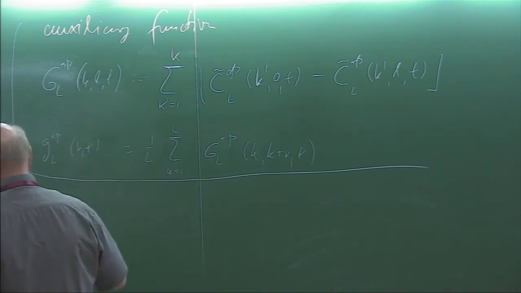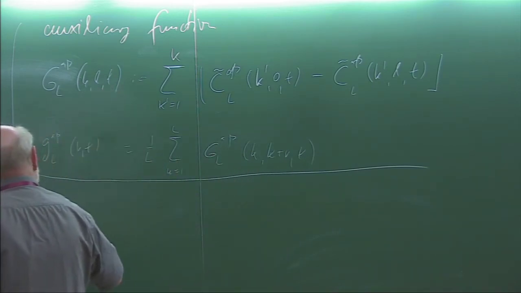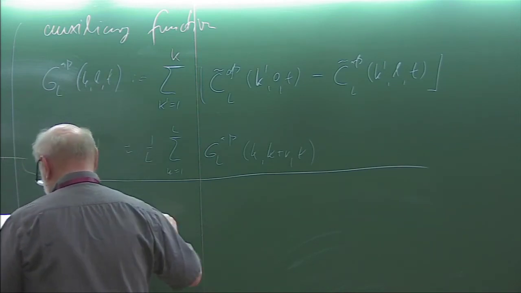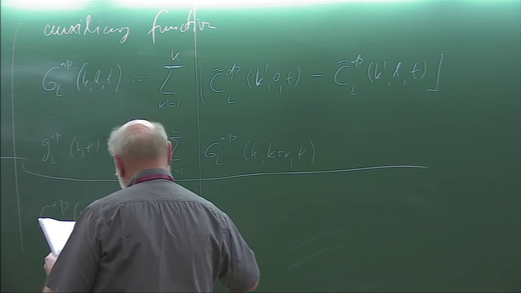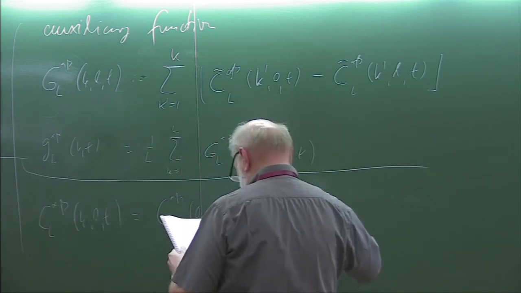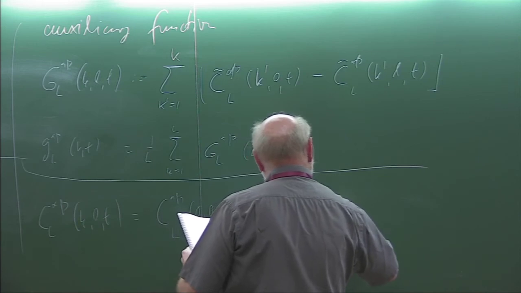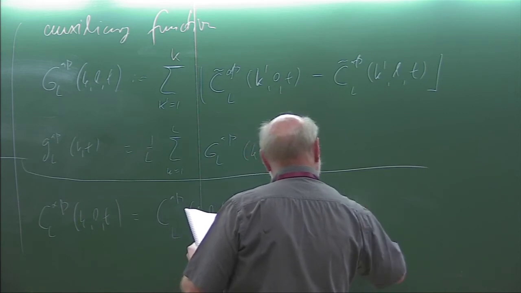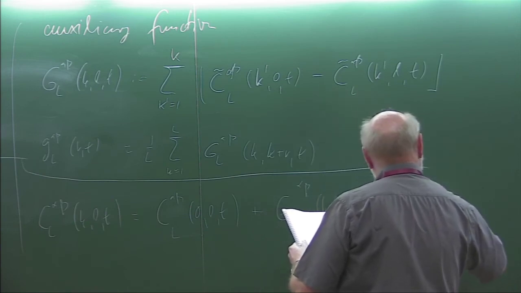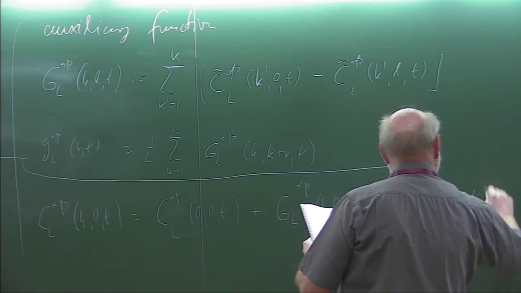So I use this auxiliary function to write the following. C^{αβ}(K, L, T) is equal to C_L^{αβ}(0, L, T) plus G_L^{αβ}(K, L, T) minus G_L^{αβ}(K, L-1, T). This is something that you can easily check.